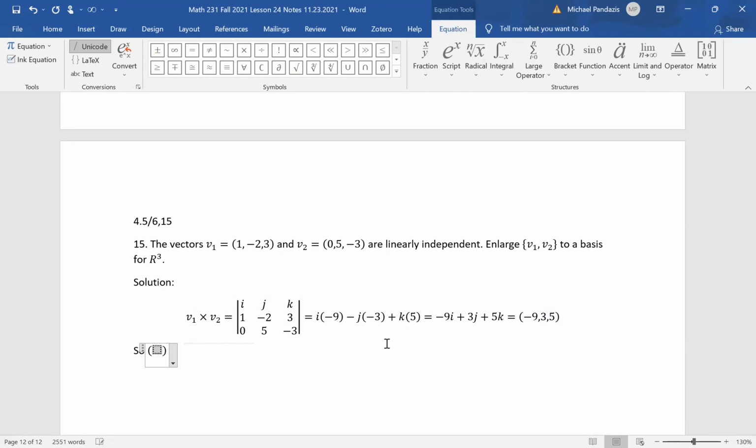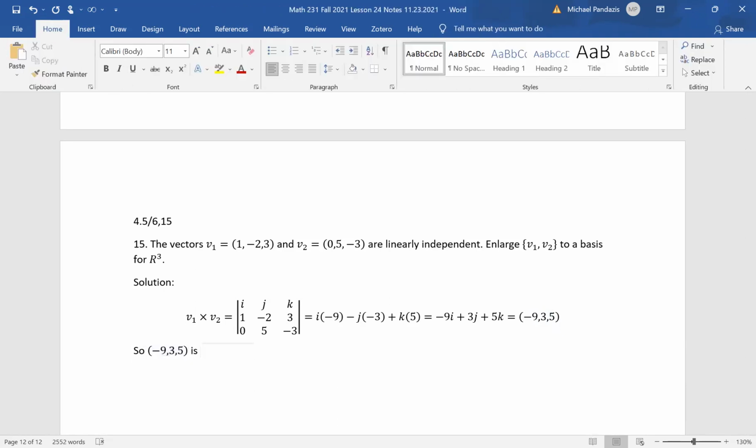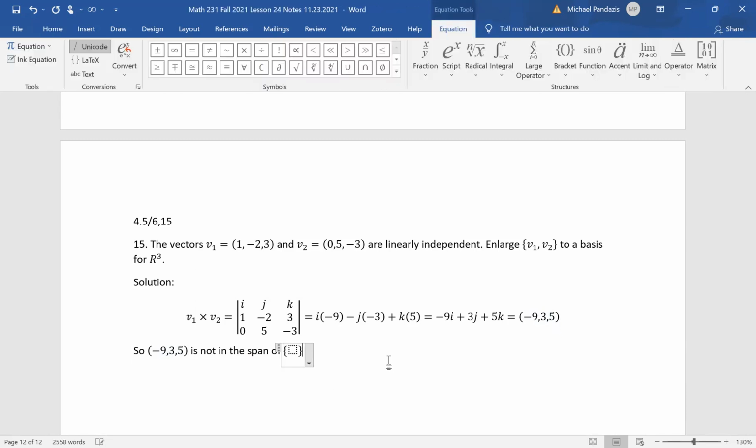And so negative 9, comma 3, comma 5 is not in the span of the set v1, v2.